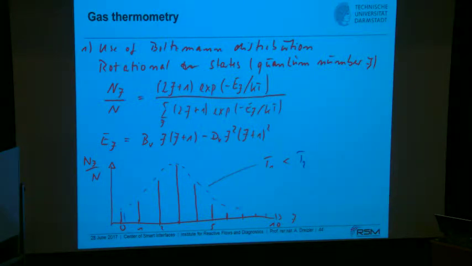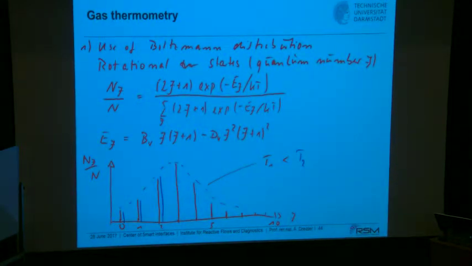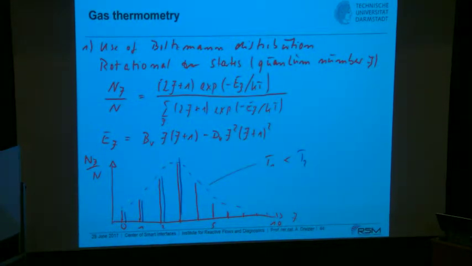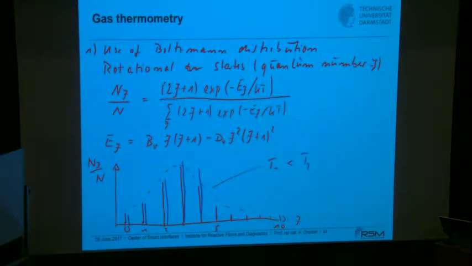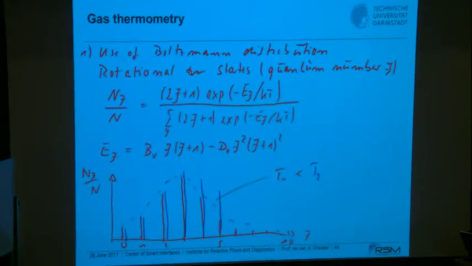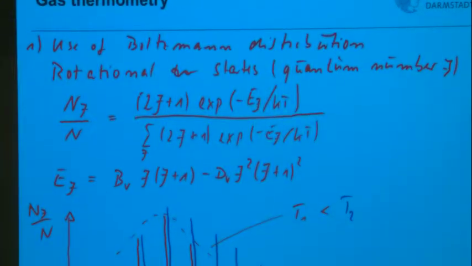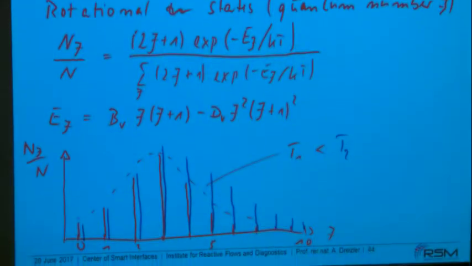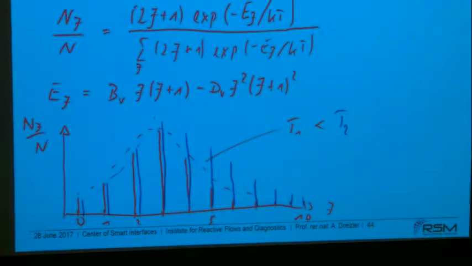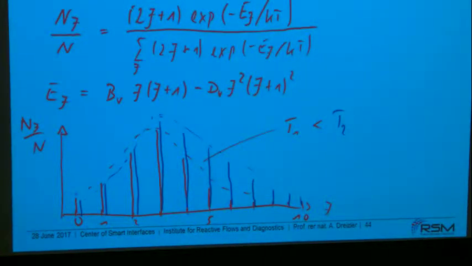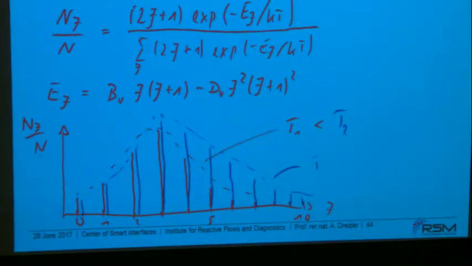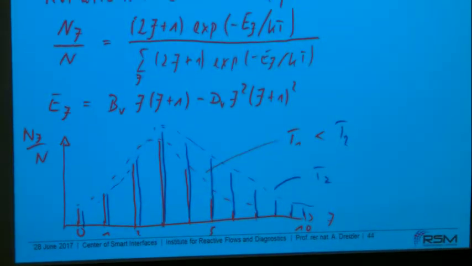You have a lower population at lower values, and higher values are now more heavily populated. The distribution goes over to higher values, which are still detectable, and you will find a different envelope due to these higher temperatures.